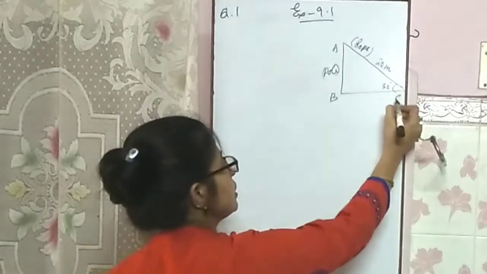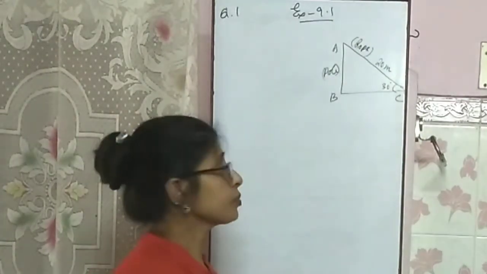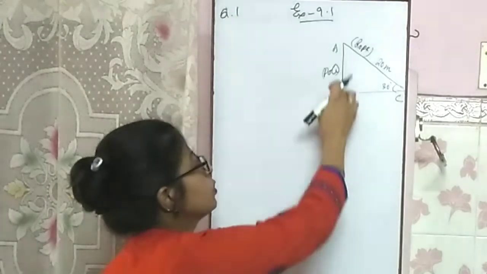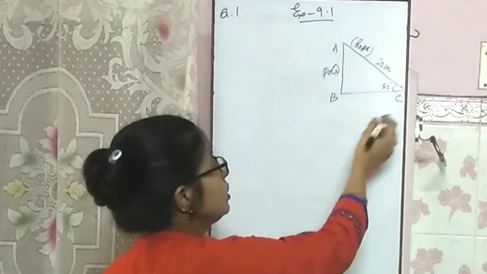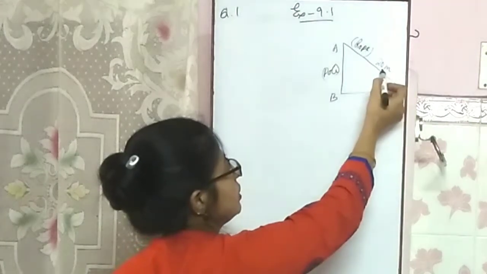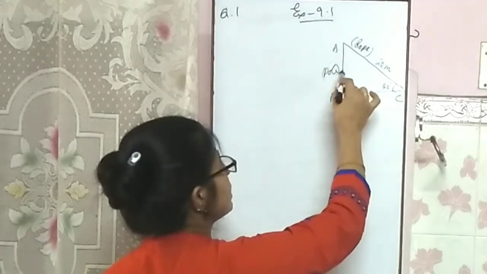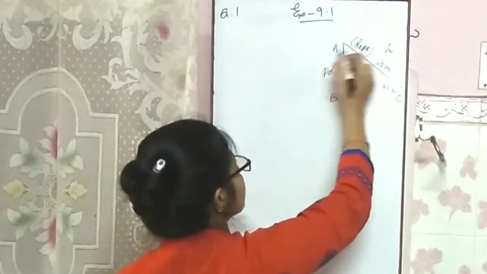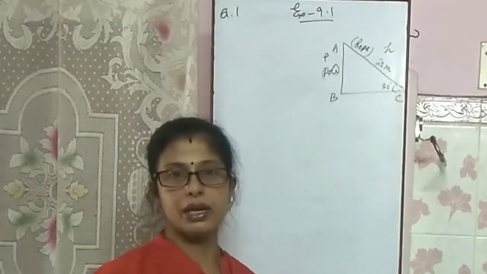Say this point is C. Now you are asked to find the height of the pole. So for finding the height of the pole, you need to have some of the quantities related to that. Means we are having this angle, this hypotenuse, this perpendicular. So if we get a relation with this hypotenuse, perpendicular and this angle, then surely we will get the height of the pole.